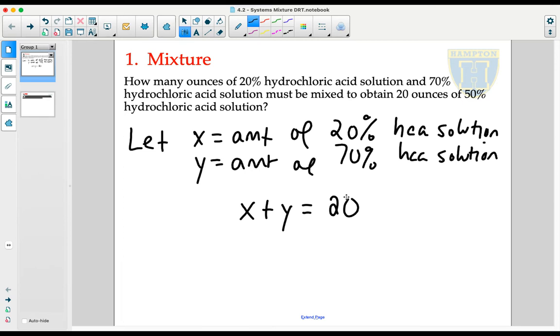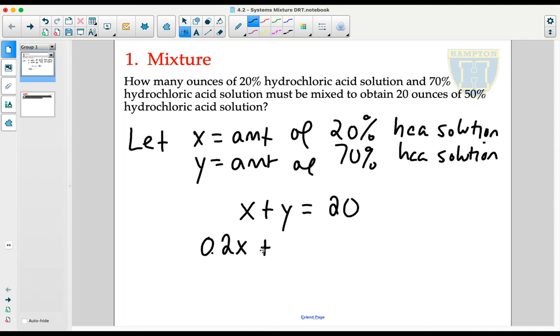The second equation deals with the percentage parts of the two different solutions that are going to get mixed together. So if I take the 20% hydrochloric acid solution and I mix some of that in, only 20% of that is actually contributing hydrochloric acid to the solution.